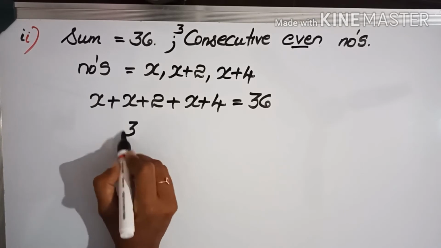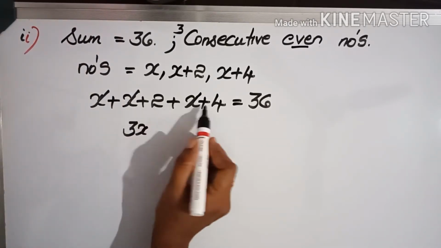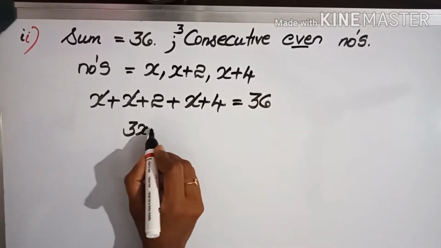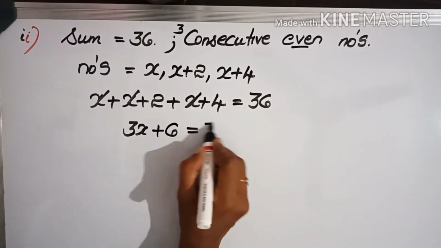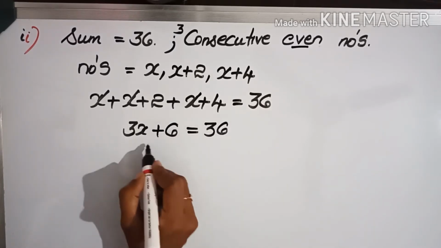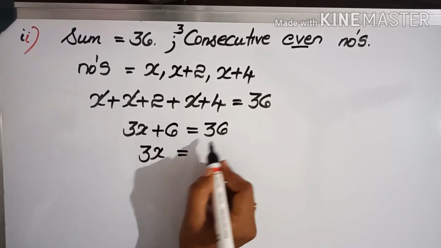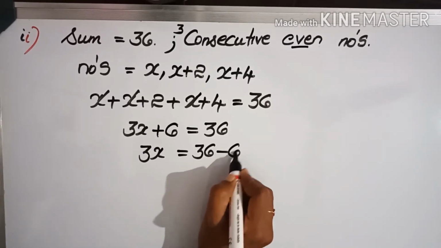So total 3x. Next, what remains? 2 and 4 remain. So 2 plus 4 is 6, equal to 36. Now in the next step, keep 3x here and take this plus 6 to this side. So 36 minus 6.